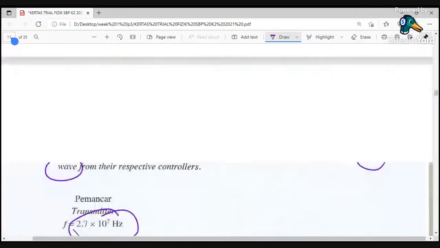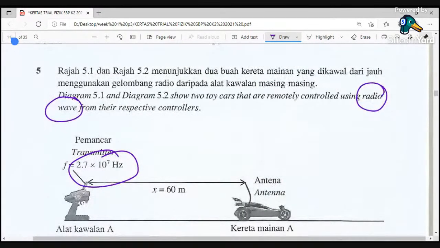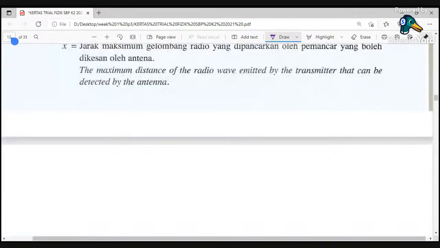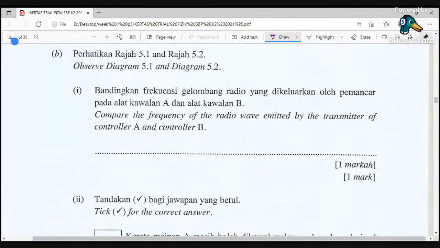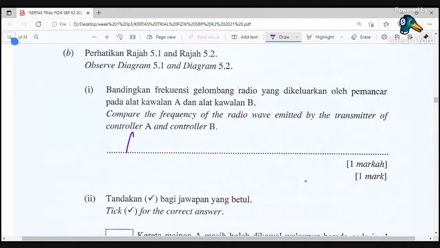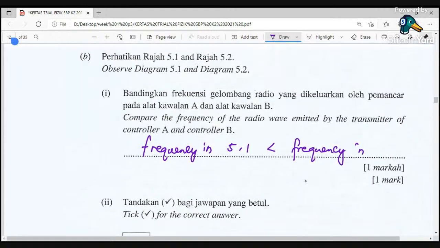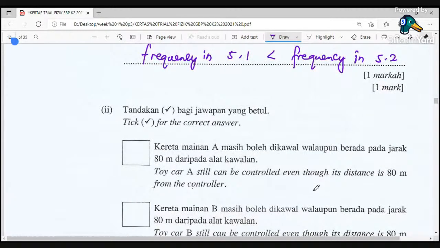Means for diagram 5.1 is smaller than 5.2. Okay. The frequency in 5.1 is smaller than frequency in 5.2. Pick the correct answer.